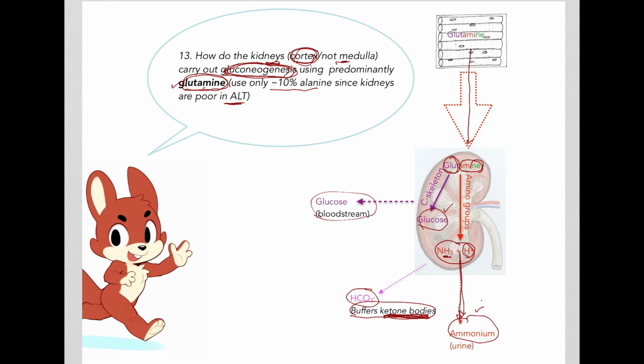So the kidneys play a very important role in starvation, not just providing glucose to maintain our blood glucose, but getting rid of excess nitrogen because of all the proteins being broken down, and also helping buffer the fatty acids and the ketone bodies, both of which are acids that increase as one gets into prolonged starvation.